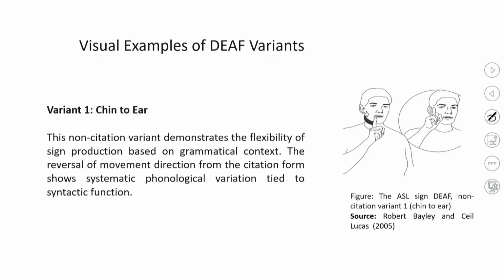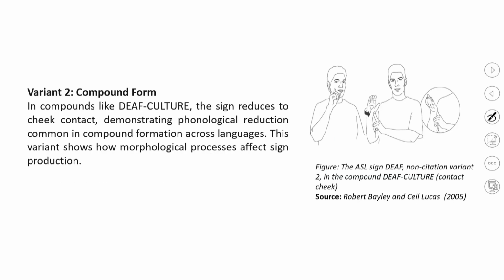These are some examples. This is one variant of chin to ear. For example, the flexibility of sign production based on grammatical context, the reversal of movement direction from the citation form, shows systematic phonological variation tied to syntactic function. So, there are two types here; the chin to ear can have two different variants.